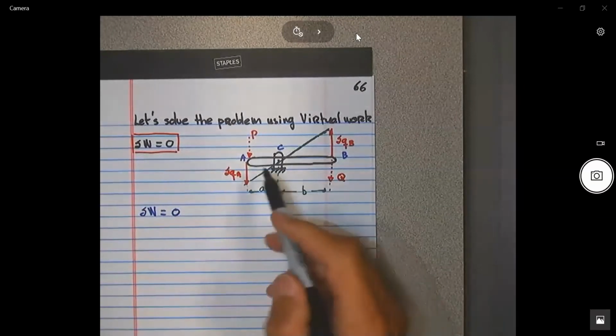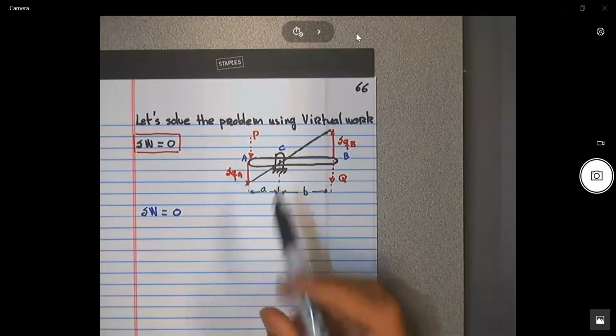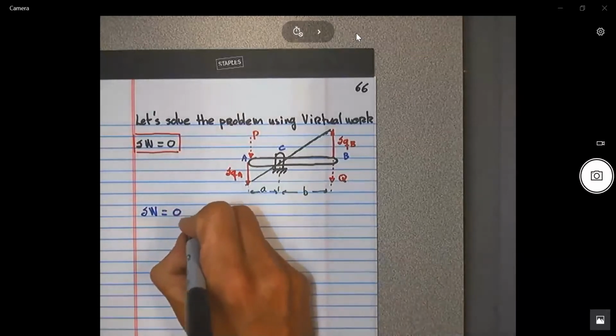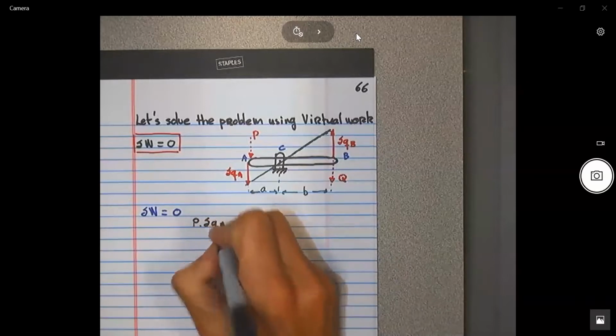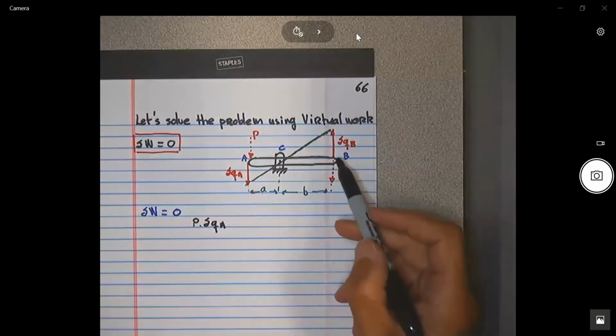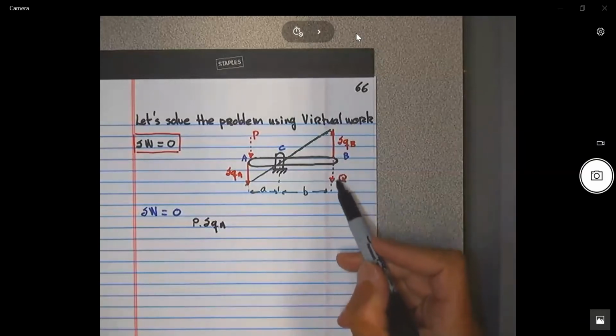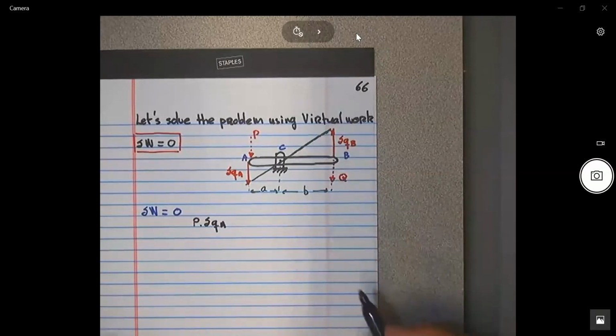Now, what is the virtual work done by the force P? It's force times deformation. The force is P, the deformation is delta Q sub A, and they are going in the same direction, so that should be positive. Now, if you look at point B, the force goes in the opposite direction than the deformation, so the work is negative.